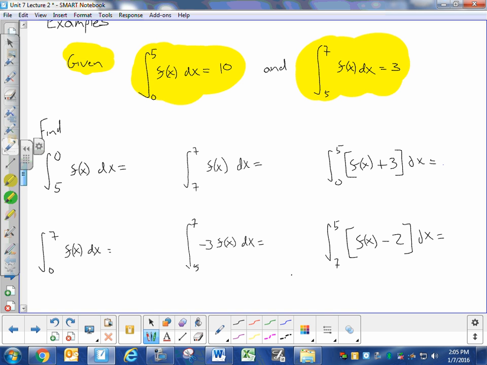So that's why it's 4. And then f of x would be the opposite, -3. It's just 3 times 5, a rectangle.